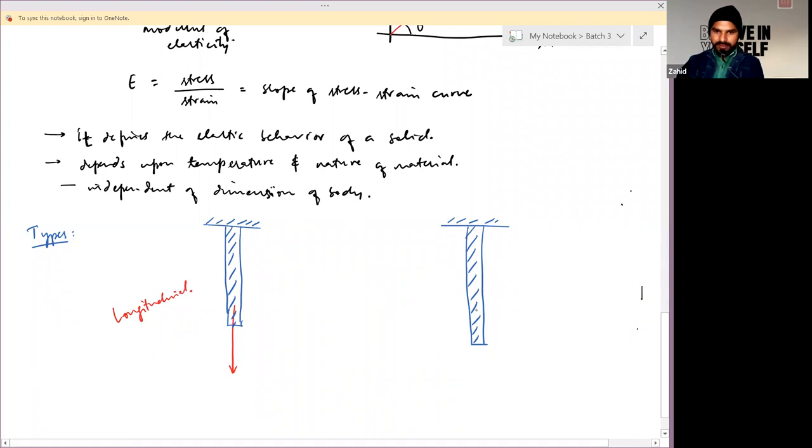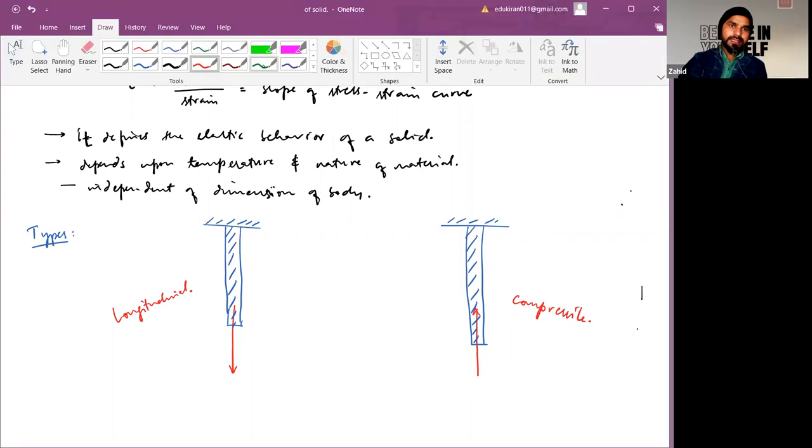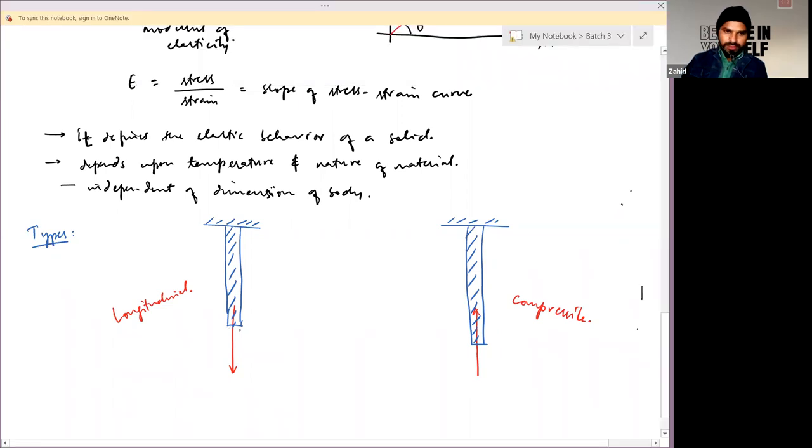And if a deforming force is applied on this solid to compress it, it will be termed compressive. Due to this, the solid may be slightly deformed.